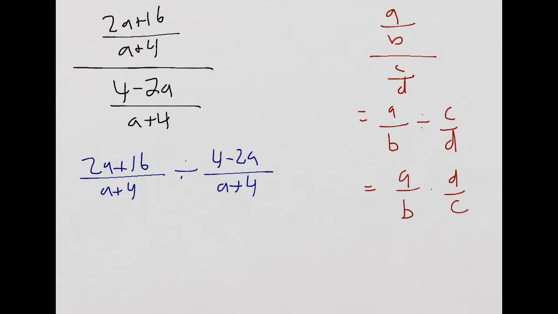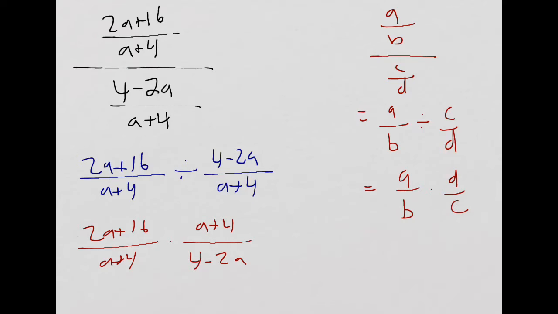Once again, here's where we use this little trick. We're going to multiply by the reciprocal of this fraction. So we get 2a plus 16 over a plus 4 times a plus 4 over 4 minus 2a.